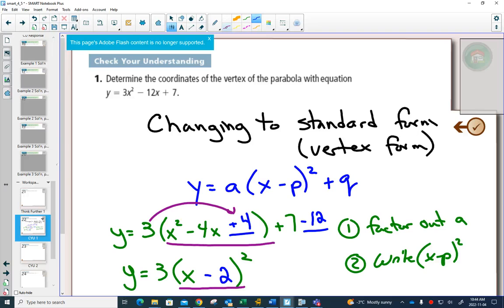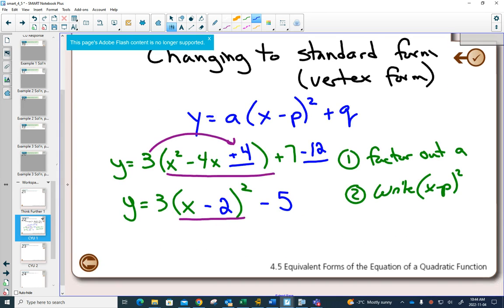That makes 7 minus 12 a minus 5 here. And you see we have just changed it to standard form. We now know the vertex is 2, negative 5. What else do they want us to find?